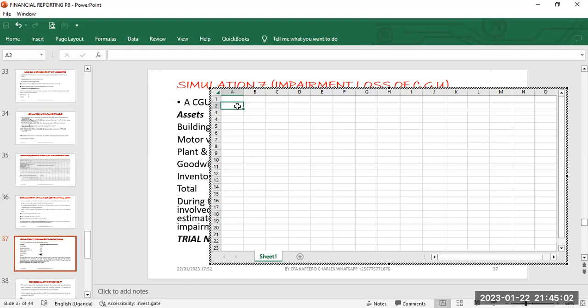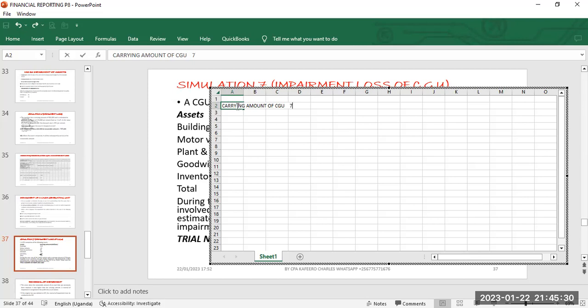So we have the carrying amount. Let's try to summarize the information. Carrying amount of the CGU. This CGU is a cash generating unit.